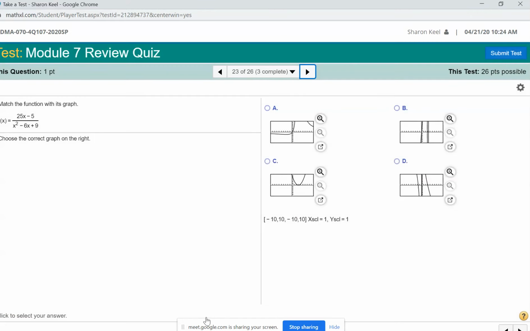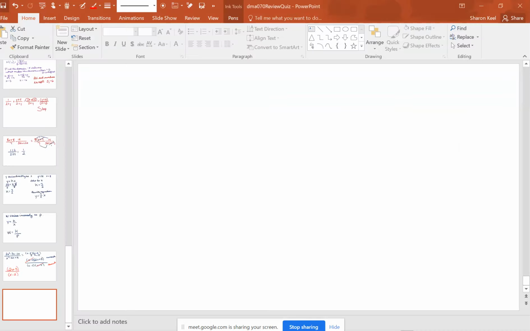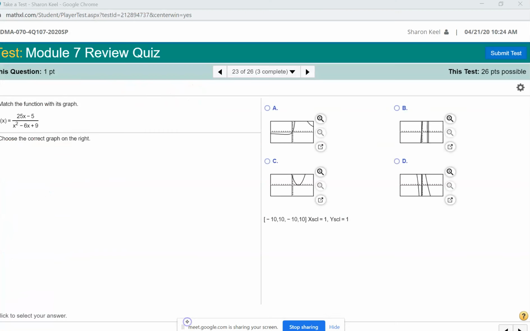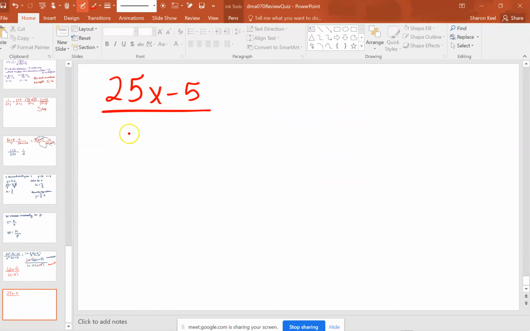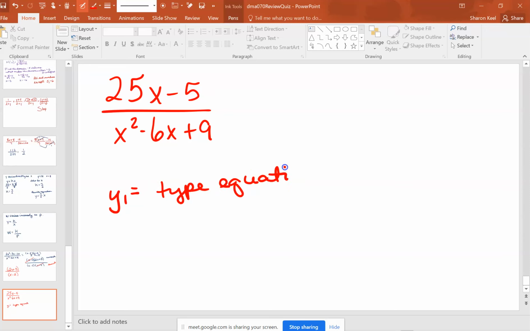Match the function with its graph. So we have 25x minus 5 over x squared minus 6x plus 9. You're going to go to y1 equals and type the equation.